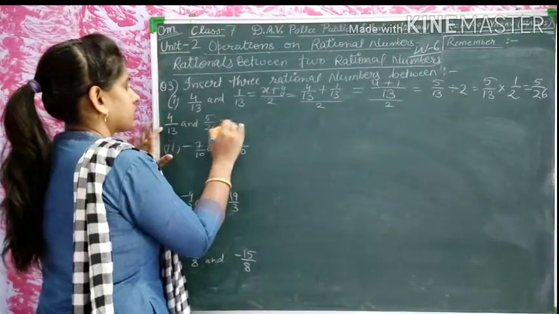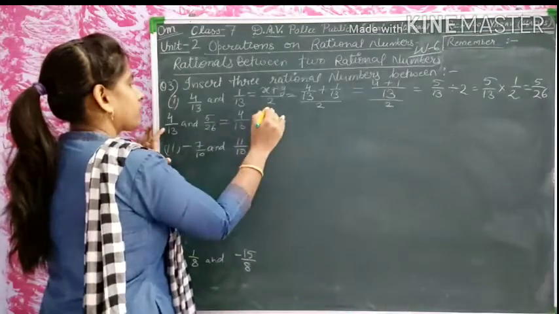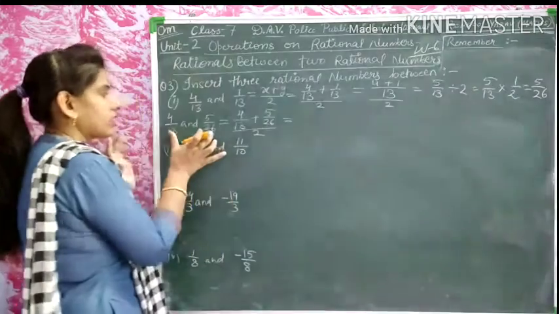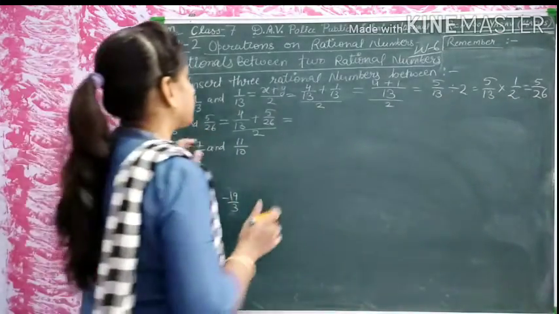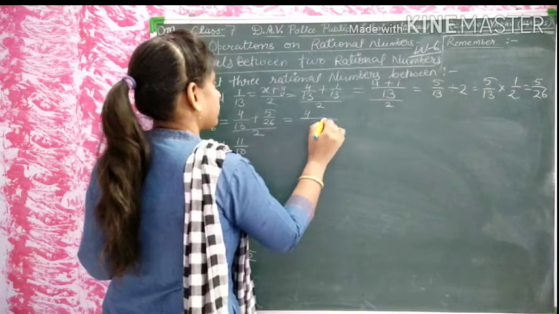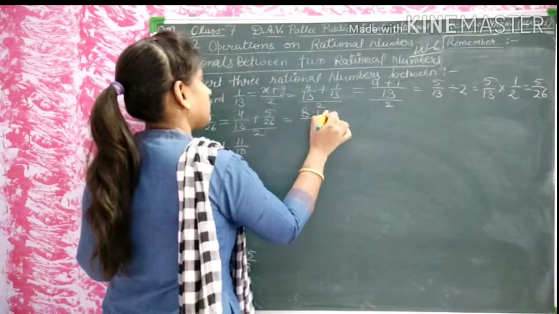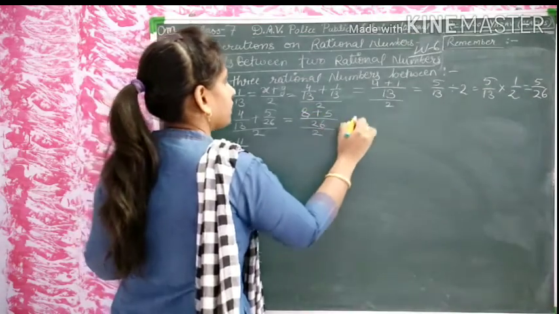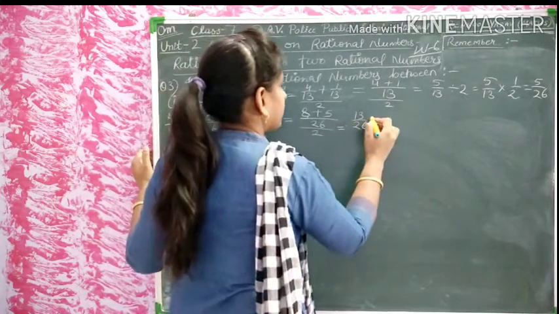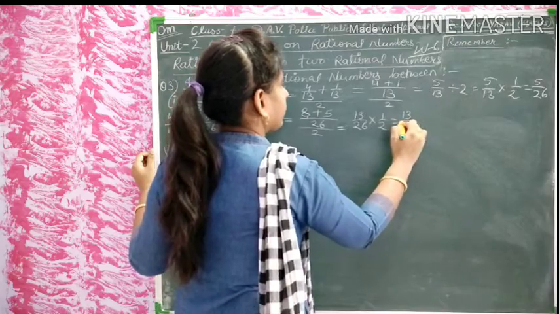We get 4 by 13 plus 5 by 26, divided by 2. Here the LCM is 26: 13 2s are 26, 4 2s are 8, plus 5, divided by 2. That is 13 by 26 times 1 by 2, and this is 13 by 52.